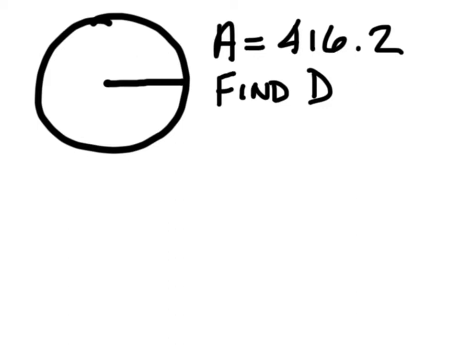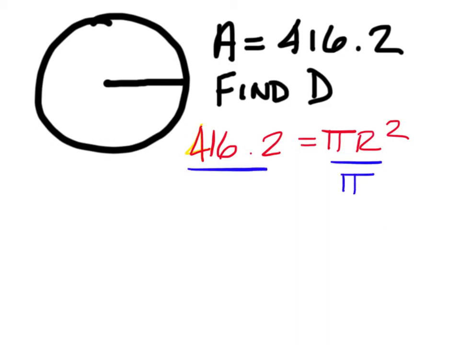Try this one. You're going to need actually a red marker first. 416.2, and set it equal to pi r squared. And then you want to divide both sides by pi. That's going to leave you with 416.2 over pi. These cancel out. You have r squared.